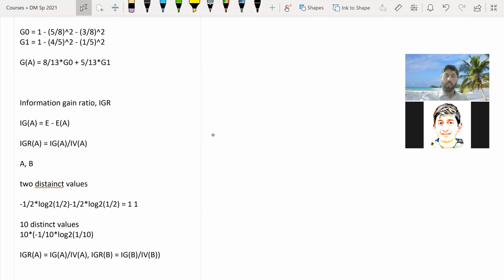So since IV of B is going to be larger than IV of A, we reduce B's value a bit. So the natural tendency that it was getting is reduced, and then we make the decision. Okay? So we make the decision using IGR instead of simply using IG.